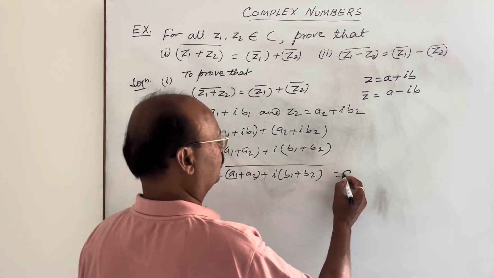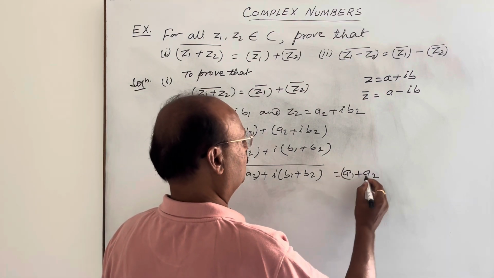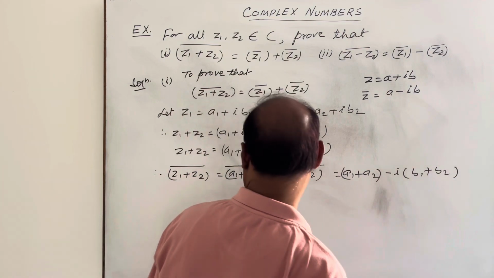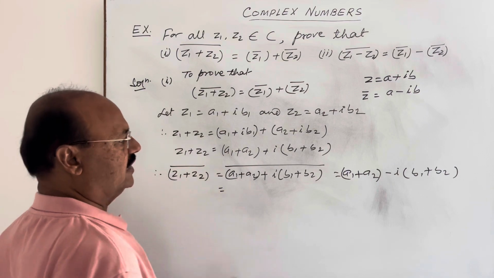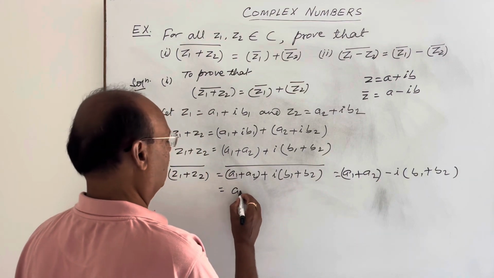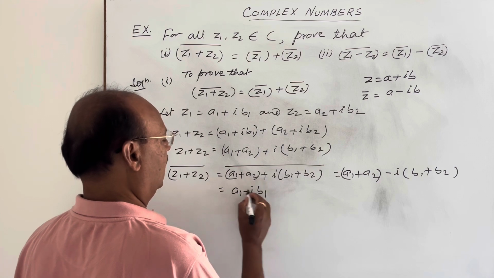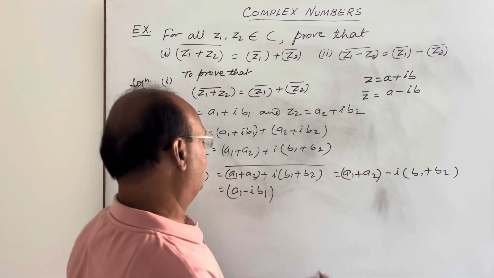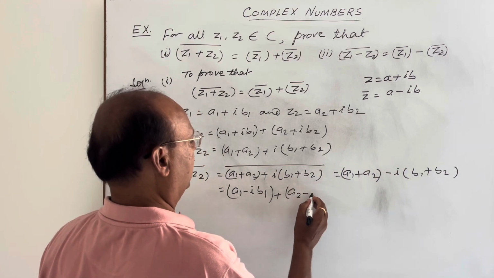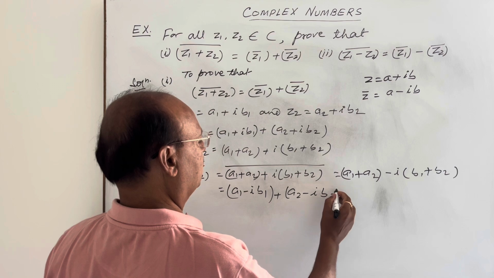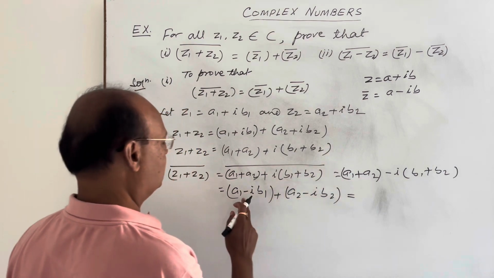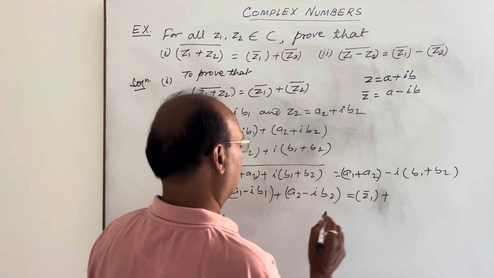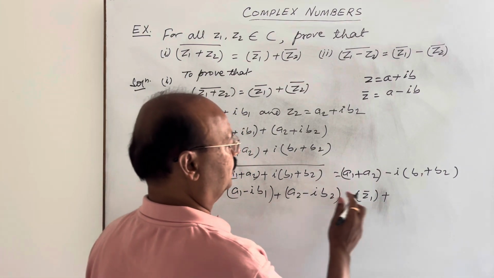So this will be equal to A1 plus A2 minus I B1 plus B2, and this can also be written as A1 minus IB1, and A2 minus IB2, and this is nothing but conjugate of Z1 plus conjugate of Z2.